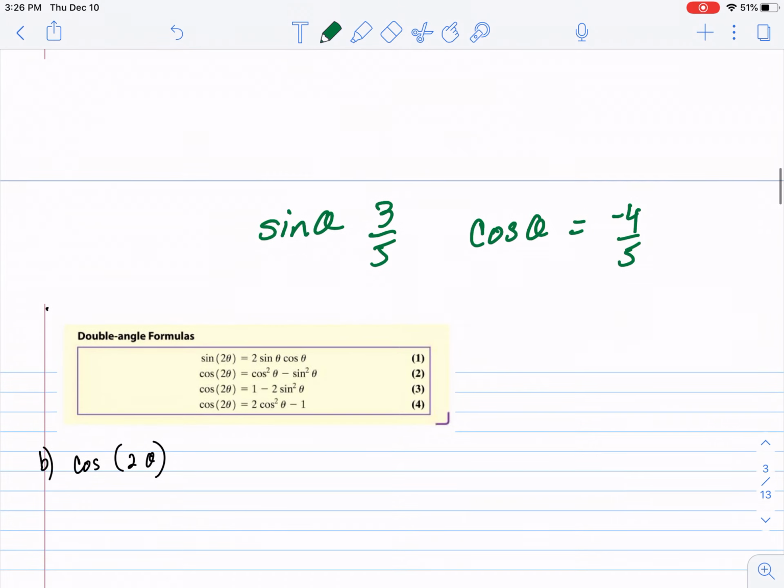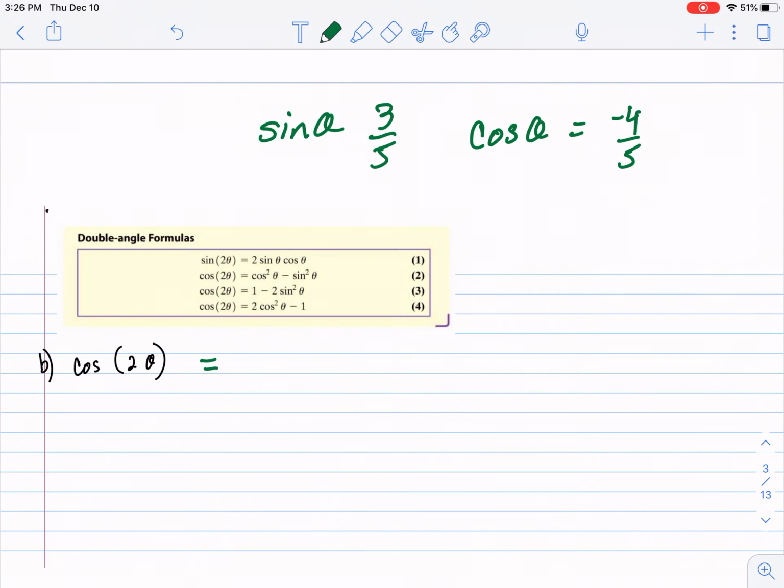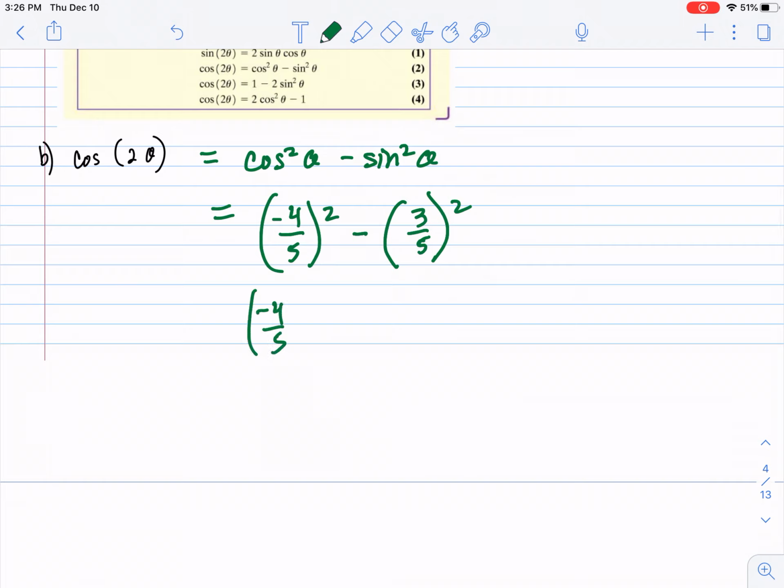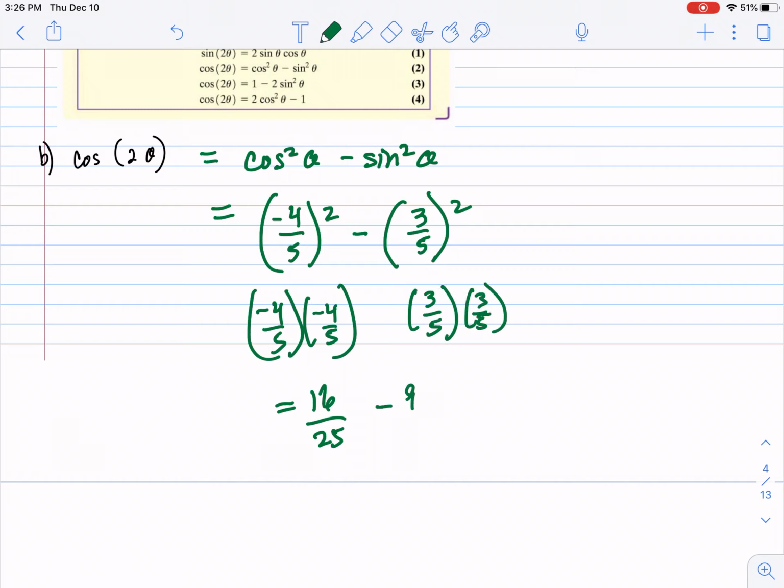So I can use that information to find the cosine of 2 theta by using this formula, cosine squared of theta minus the sine squared of theta, which is equal to -4 over 5, that whole quantity squared, minus 3 over 5 squared. -4 over 5 squared is just -4 over 5 times -4 over 5, which is equal to 16 over 25, minus 3 over 5 times 3 over 5, which is 9 over 25.